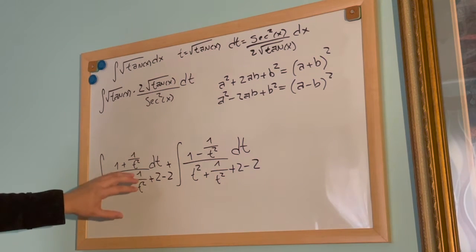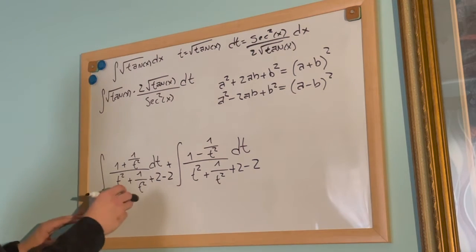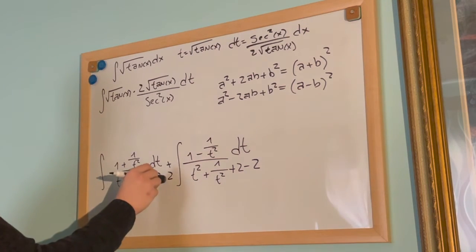So what we can actually do here now is we can basically group this, where we could just add that minus 2 to the end.